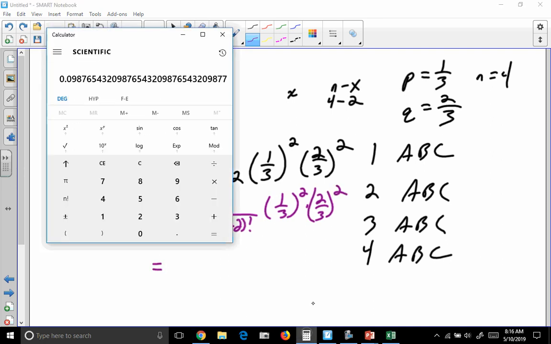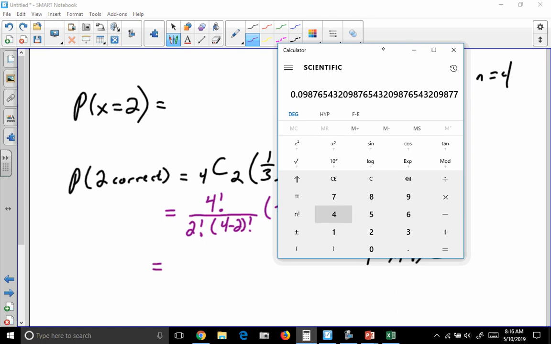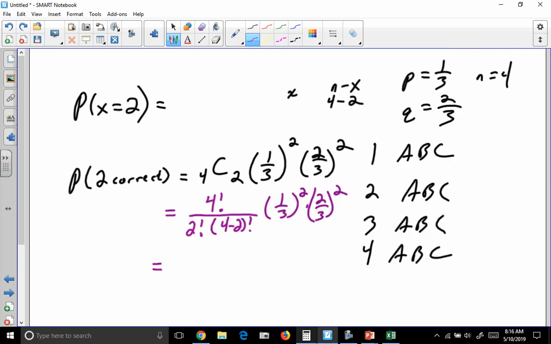So let's calculate the combinations first. So 4 factorial divided by 2 factorial times 4 minus 2, so 2 factorial. So there's 6 different ways of getting two correct answers.